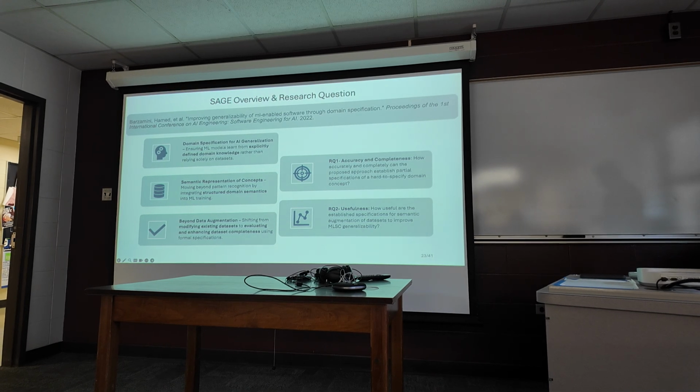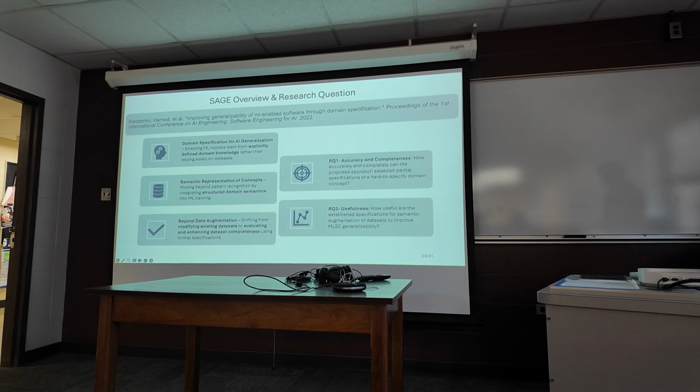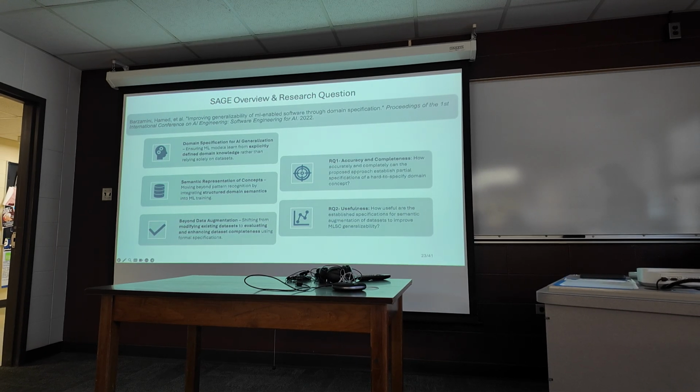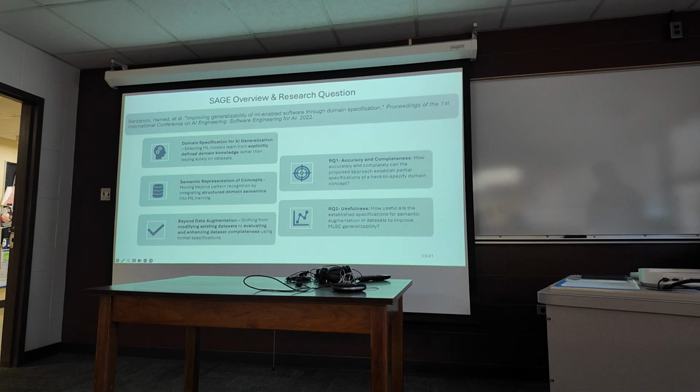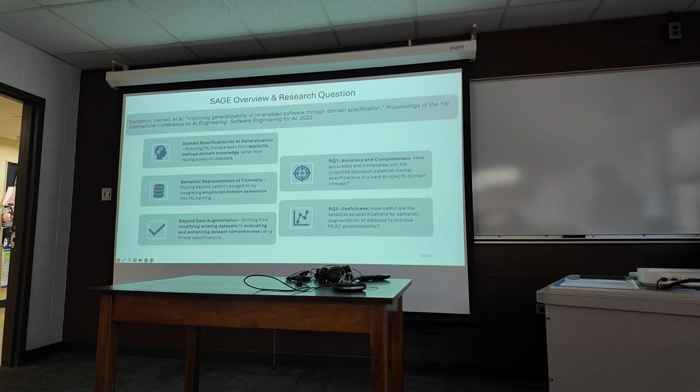Also, SAG contributes in three ways: from specification to data, turning the abstract specification into dataset alignment criteria; semantic guided augmentation, adding what's missing, not just more; and generalizability by design, improving the model performance on rare cases by aligning data with the domain semantics.